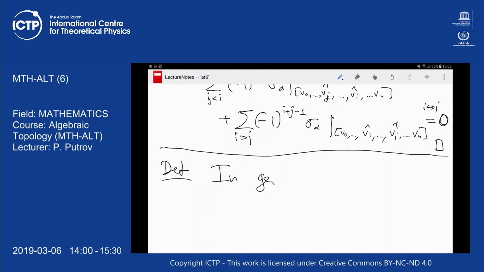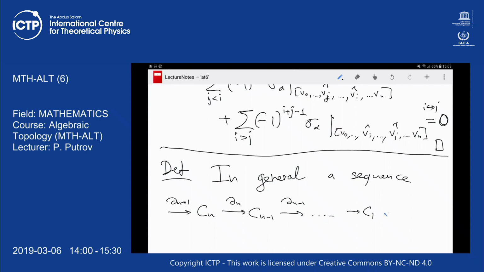So let me give the following definition. In general, a sequence of abelian groups C_n, with homomorphisms D_n from C_n to C_{n-1}.